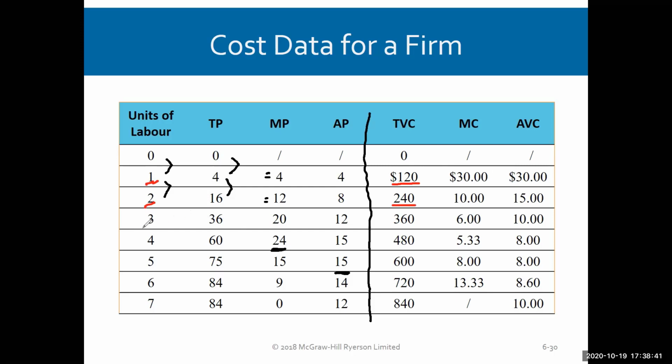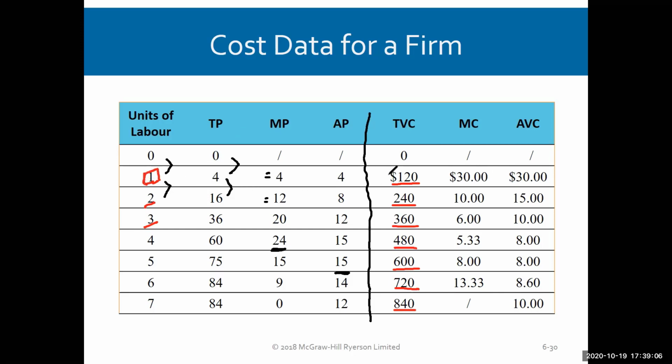What if there's 3 units of labor? 3 times 120 is 360, and now you get the dance, 480, 600, 720, 7 times $120 for labor is $840. So we've got our total variable cost that we figured out because we were smart enough to see that the only thing that varies in this production process is labor.